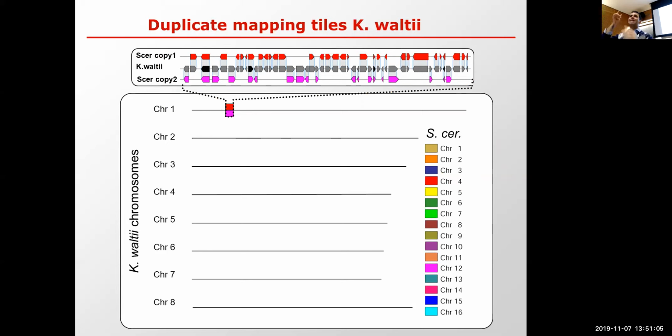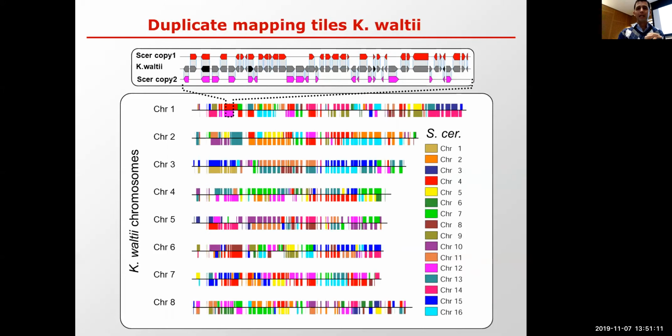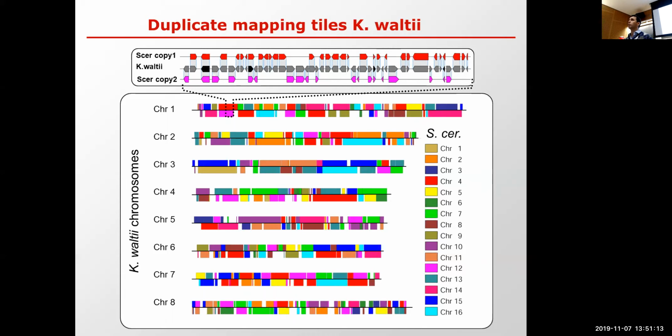I can figure out the ancestral gene order, which has now been separated out into 2 different chromosomes. And I can do that not just for one region of the genome, but for the entire genome. So that basically means there was a whole genome duplication that separates these two species.